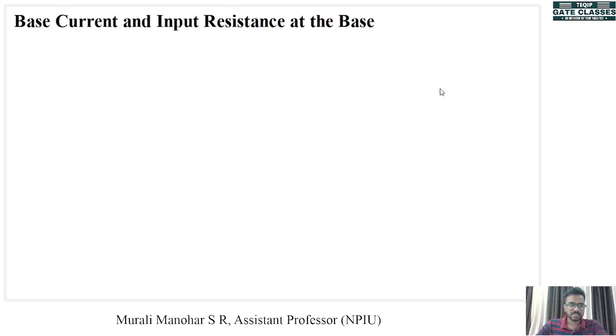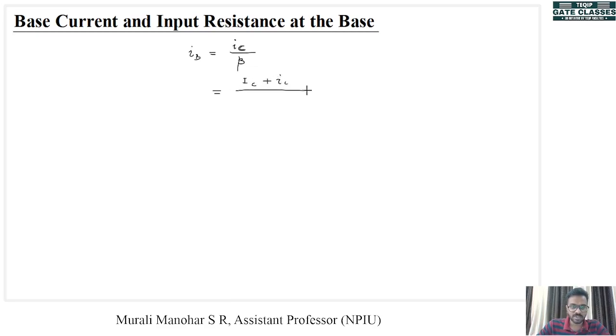Now our next topic is base current and input resistance at the base. For that, we can write IB, which is the combined AC and DC current at the base, is equal to IC divided by beta. This IC can be written as capital IC plus small ic divided by beta. So this becomes capital IC divided by beta plus small ic divided by beta.